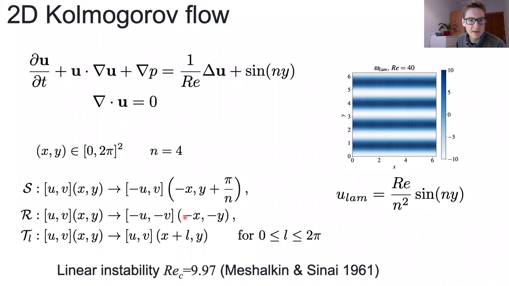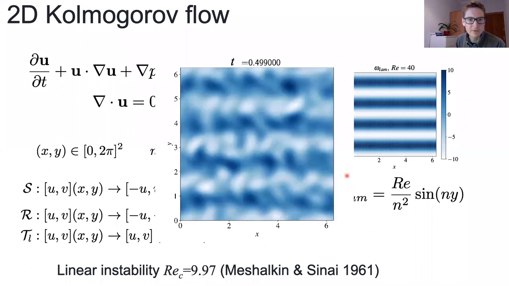You can rotate by pi, and you can also shift any amount L in X. So there's a continuous translational symmetry in X. So you can do all these operations to a solution, and it will still be a solution of your system. And these are very important for finding exact coherent structures, particularly the continuous one, as that allows for traveling waves and relative periodic orbits. So we'll talk more about that as we go through.